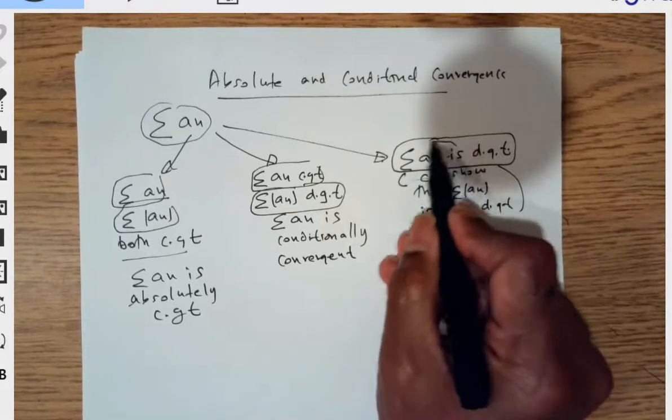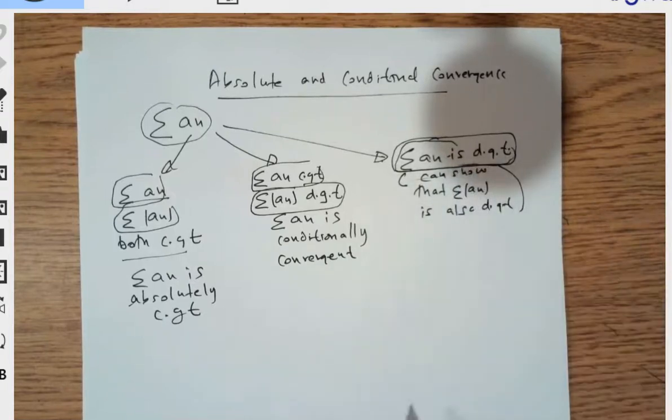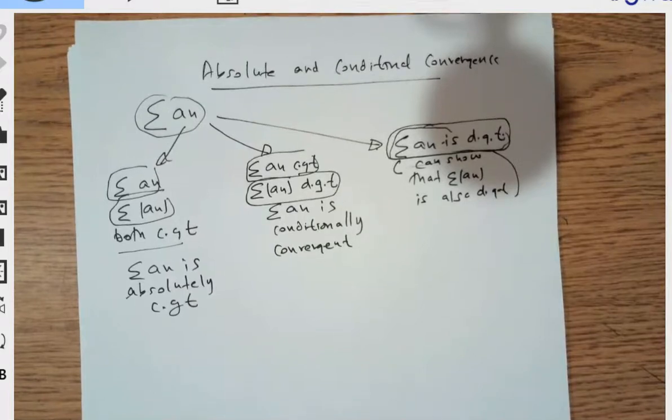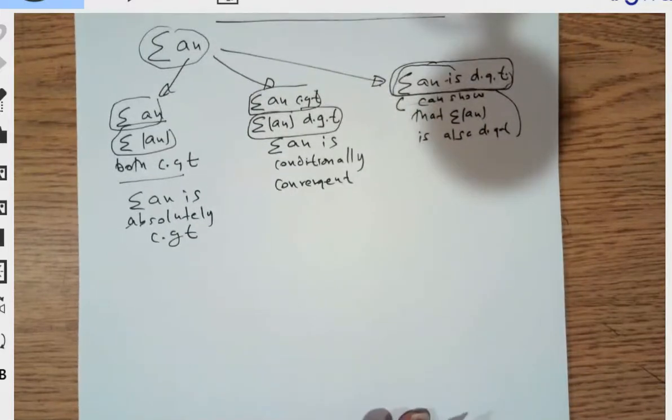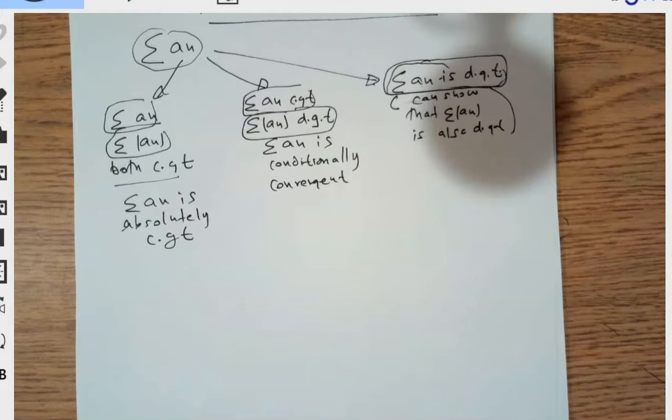And when the third possibility happens, when sigma an is divergent, we say that sigma an is divergent. There's nothing else. So one of these things will always happen. Either sigma an is absolutely convergent, or sigma an is conditionally convergent, or sigma an is divergent.